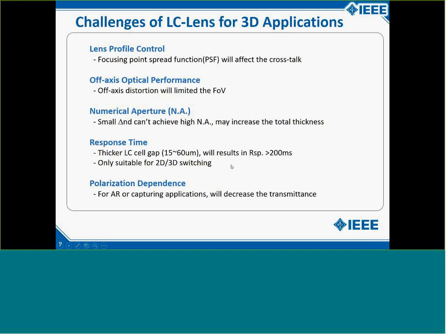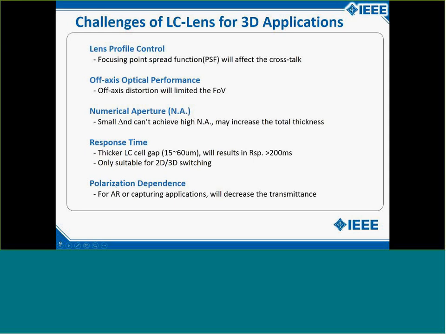But if you scan or change the focusing dynamically, it still needs to be improved. A possible solution is to find fast response liquid crystal materials, which are being researched at many research institutes and companies like Merck.